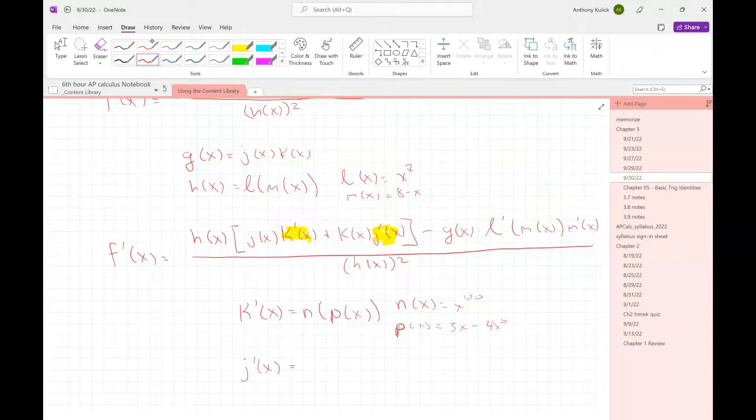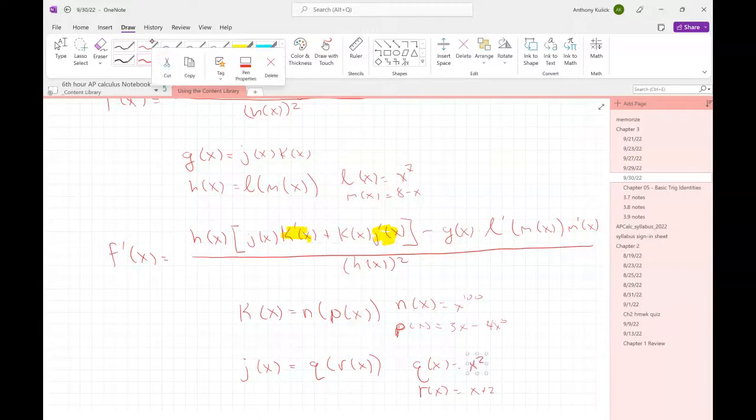Oh, I shouldn't write K prime, I should just write K. So J is going to be M, N, O, P. So Q of R. So Q of X would be, this is just X squared, and that was X plus 2.